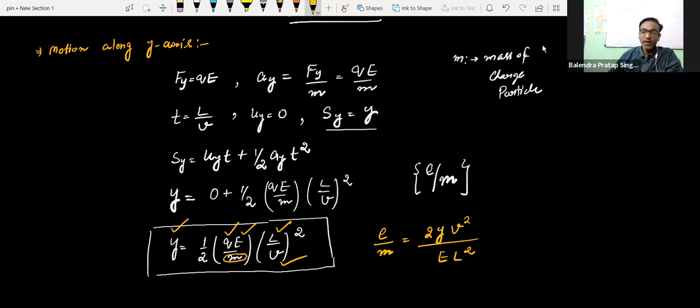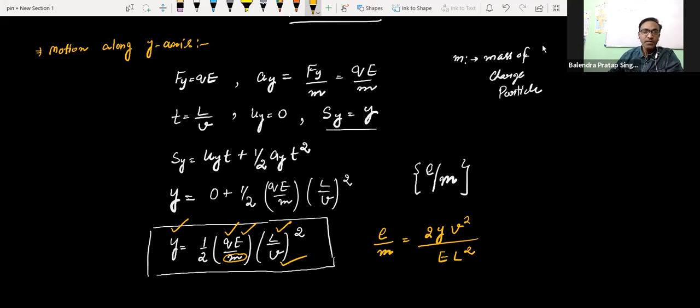So today I'm stopping here. The next topic, which I will discuss in our next class, is torque. We put an electric dipole in some external electric field, and we will calculate the torque experienced by that dipole. Have you guys studied what is torque?